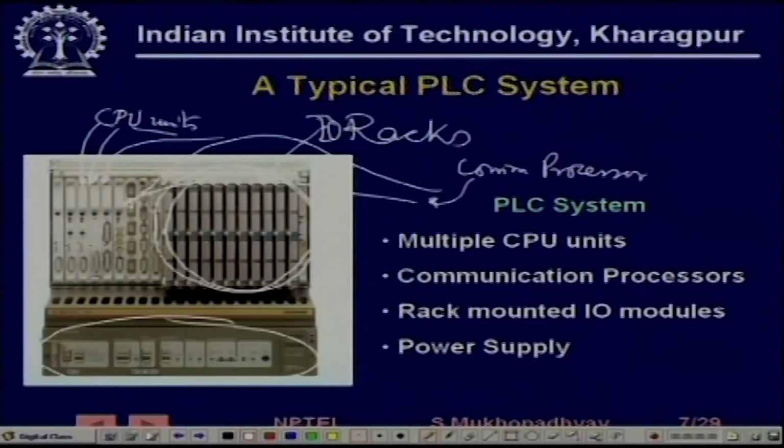There are some parallel ports, looks like printer ports. So, this is how a PLC actually looks like. This is not the only type. PLC systems could be very large, they could be very small, everything comes into one box, that is also possible. This is a medium range kind of application.